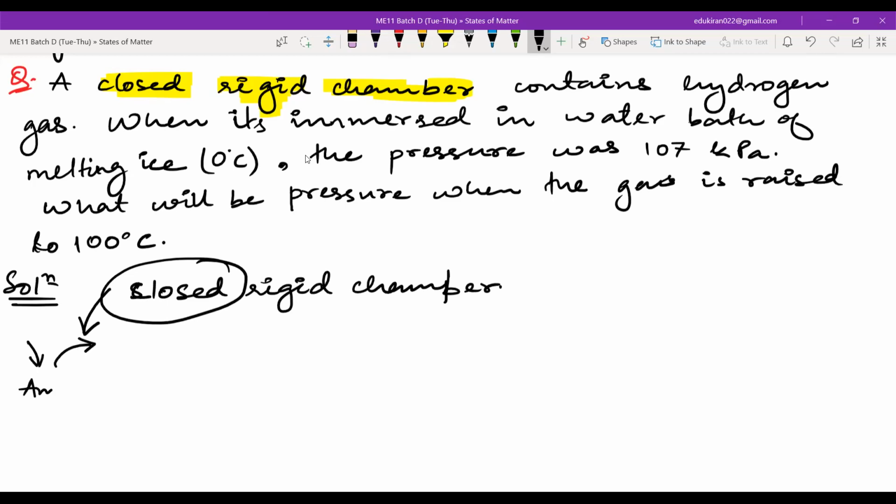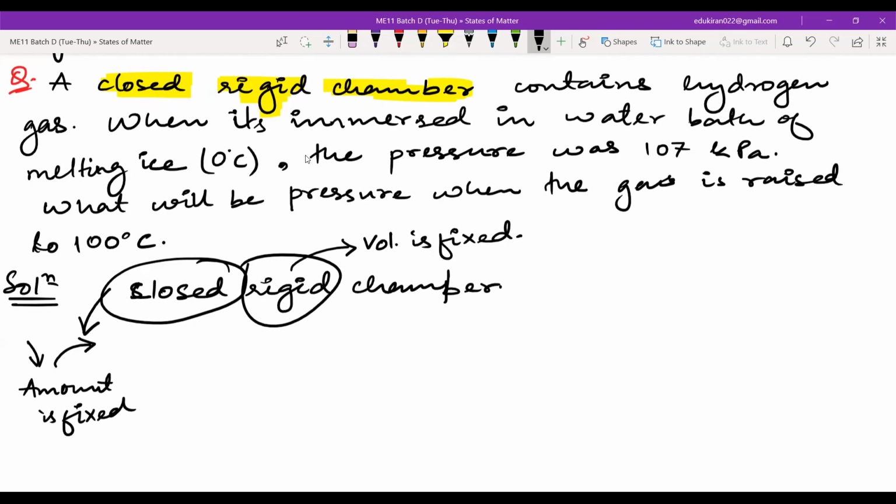That means the amount is fixed. This rigid means that the chamber can neither expand nor contract. That is why the volume is also fixed. So the amount is fixed and the volume is fixed.